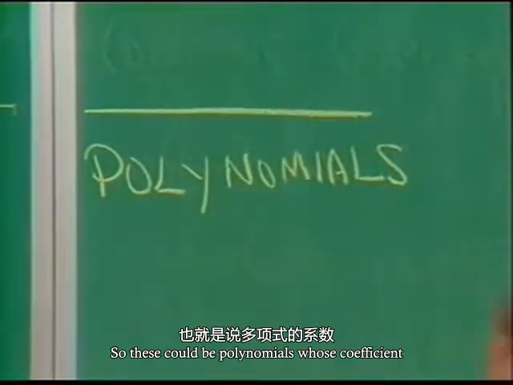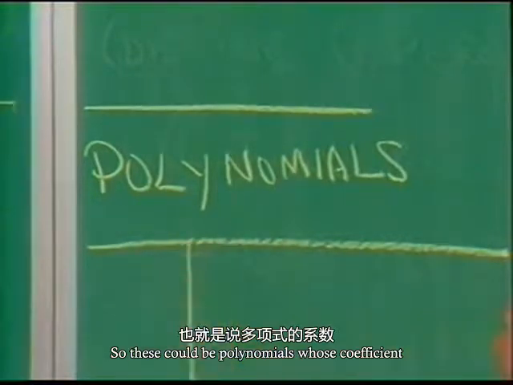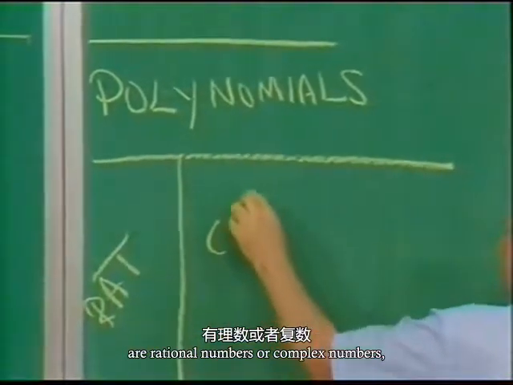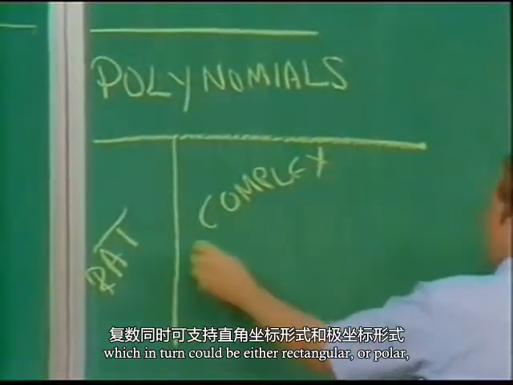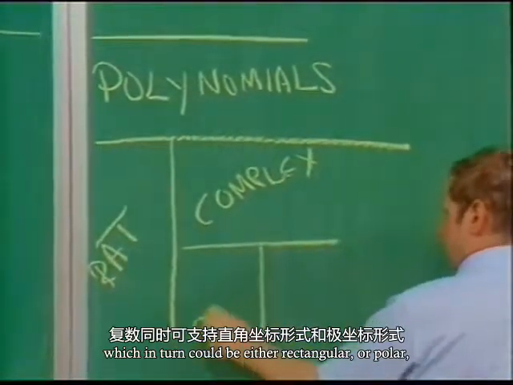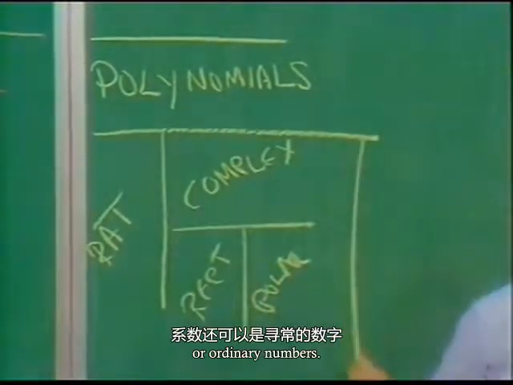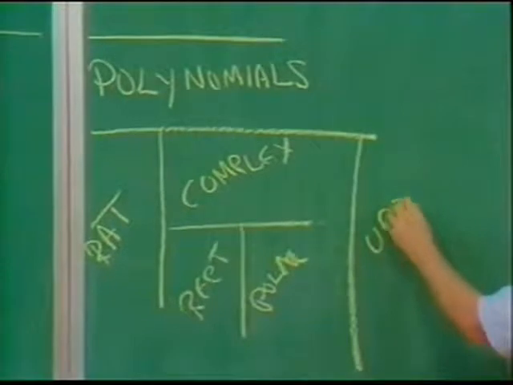So these could be polynomials whose coefficients are rational numbers or complex numbers, which in turn could be either rectangular or polar, or ordinary numbers.